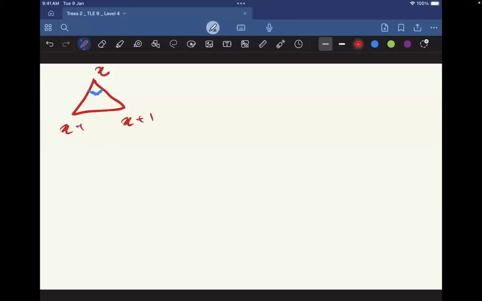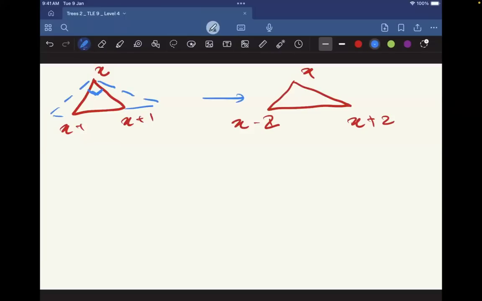The first thing I want to point out is, if this was x minus 2, x plus 2, and this is x, do you agree that since we are increasing its length like this, to form this triangle, this degree that we form would be greater than 90 degrees? Yes or no, guys? Yes?